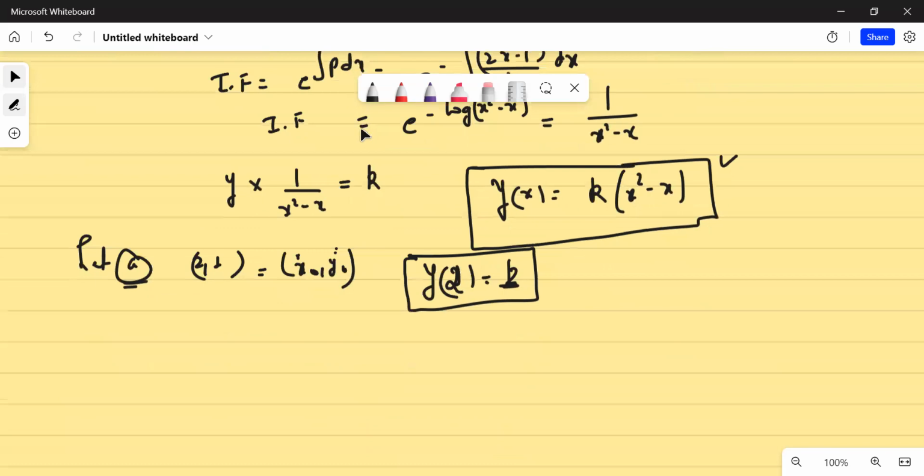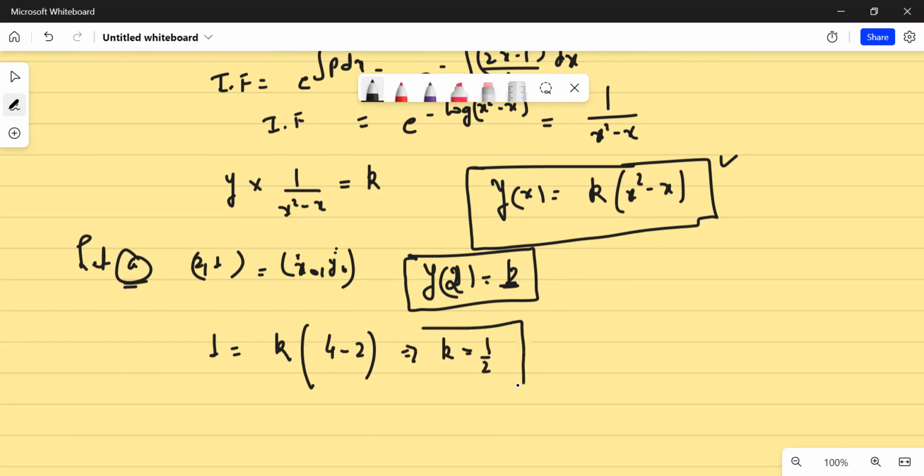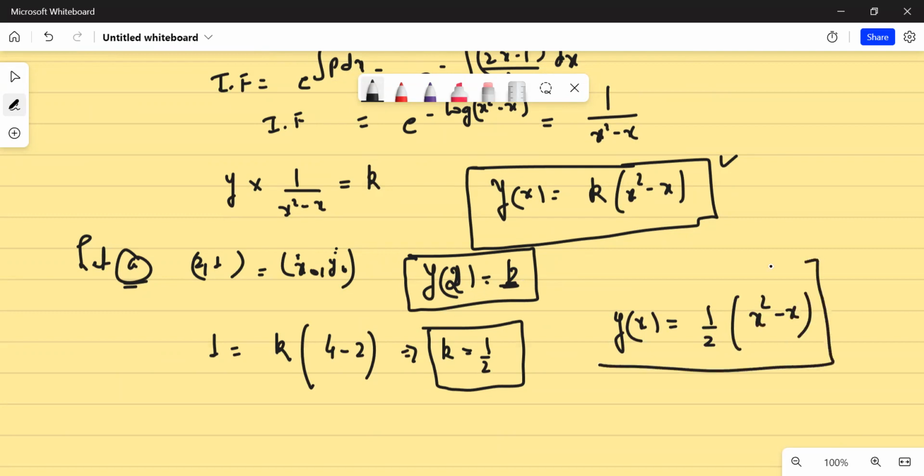Clear, sir. Okay, so what I'll do, I'll take y(2) equal to 1. That implies 1 here, and I'll get k times 2 square, which is 4, minus 2, which is 2. So I'll get k equal to 1 upon 2. If k equals 1 upon 2, what does it imply? That the complete solution will be y equals 1 by 2 x square minus x. Isn't it a unique solution?